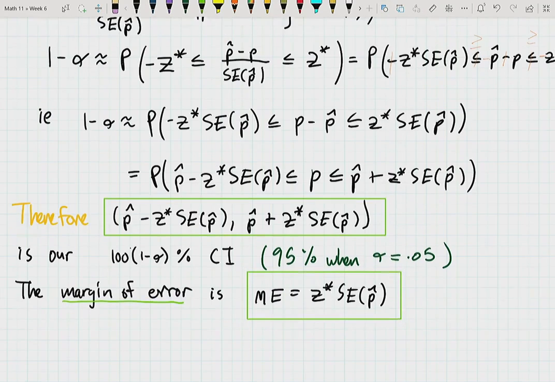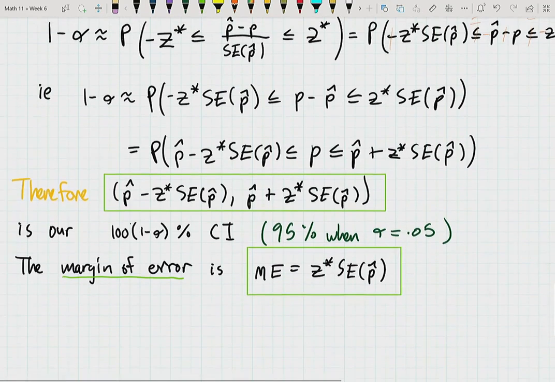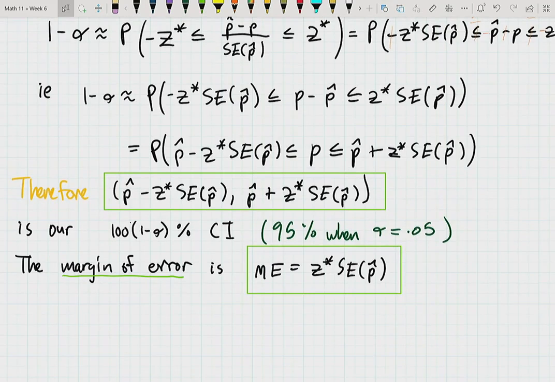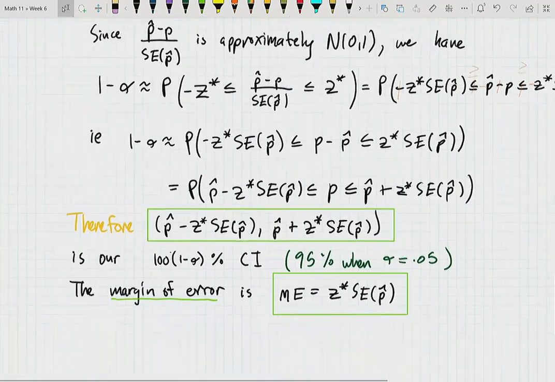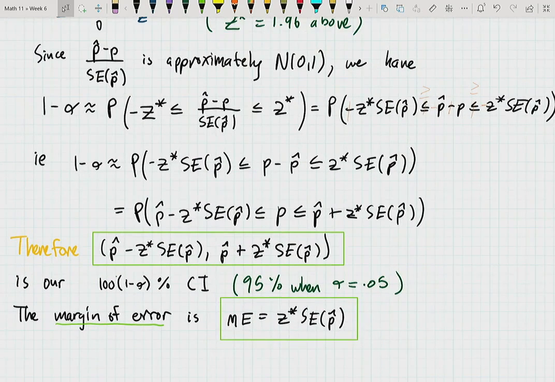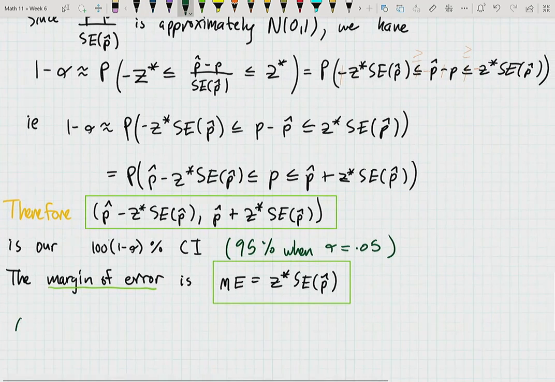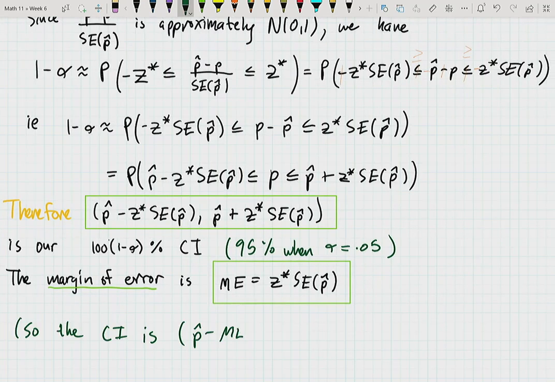So if that's the margin of error, you can say that the confidence interval is p hat minus the margin of error up to p hat plus the margin of error.